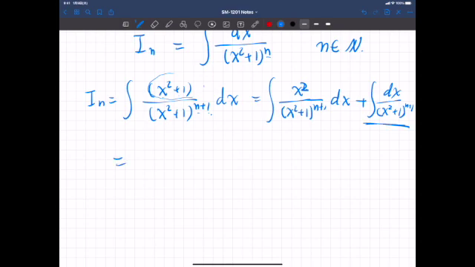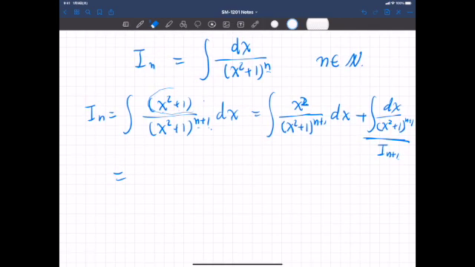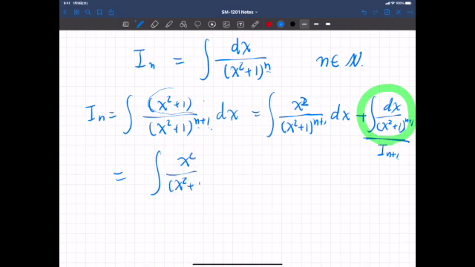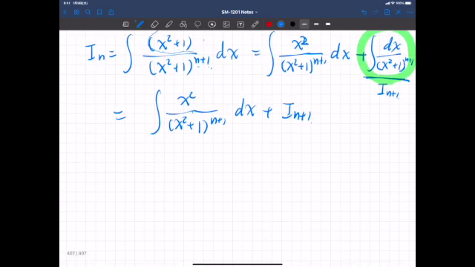But this part is actually I_{n+1} by definition, right? So if we replace n with n plus 1, we get this term. So this is a recursive equation connecting I_n with I_{n+1} with some extra integral.